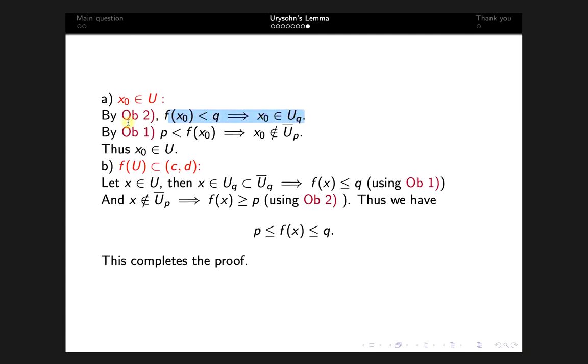So by observation 2, we have f of x naught less than Q implies x naught belongs to UQ. So basically we have to show x naught belongs to U.